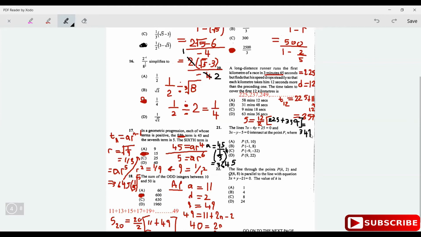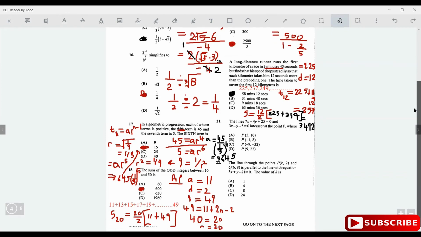Now remember that is seconds. So you have to divide it by 60 to get it in minutes. So dividing it by 60, I get 58 minutes and 12 seconds. So that's option A. All right, nice and easy. Remember this was in seconds.